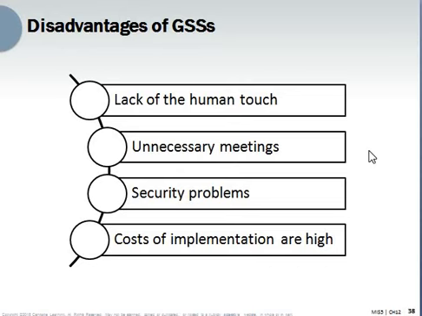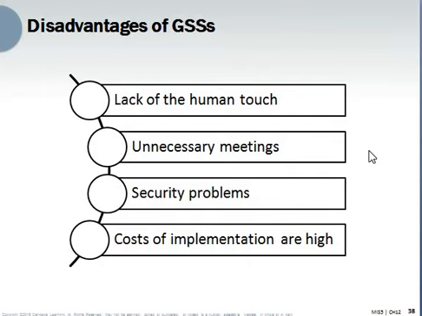Unnecessary meetings, multiple meetings can be held, because a meeting can be scheduled anytime, right? The number of meetings may increase because you don't have to travel anywhere for a meeting. You can attend a meeting sitting in your office or at your home or anywhere else, any restaurant, any cafe. So unnecessary meetings may be organized, right?